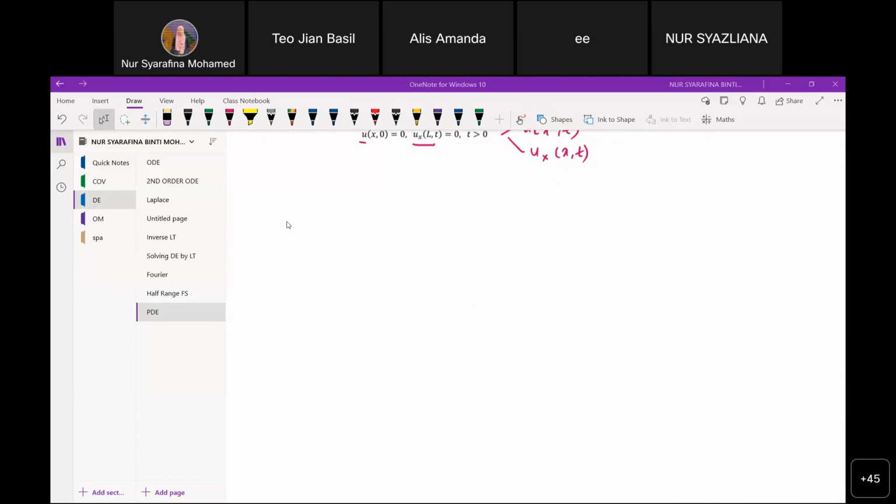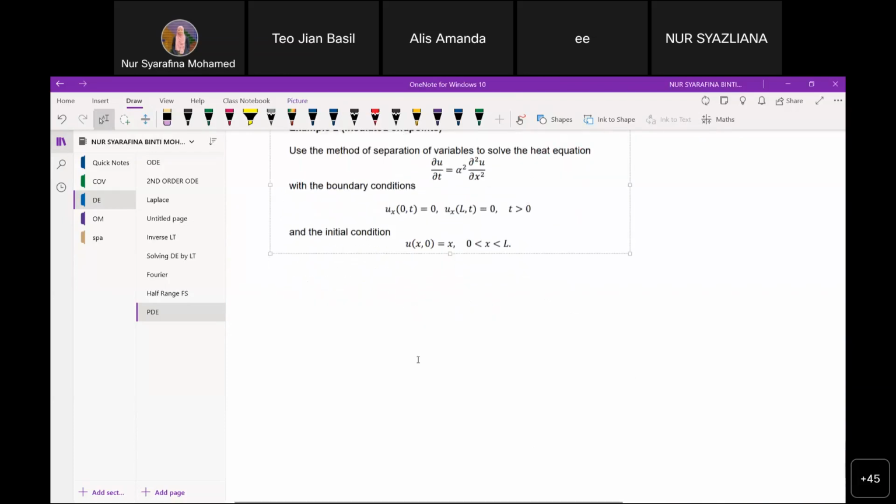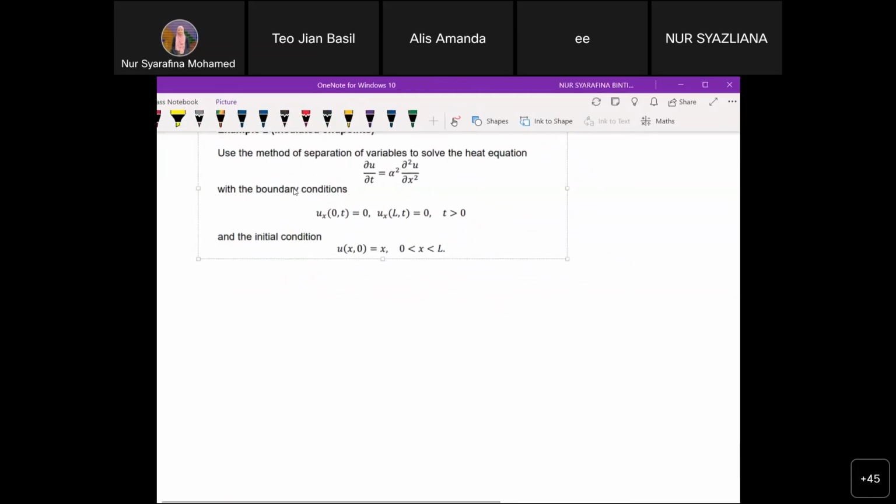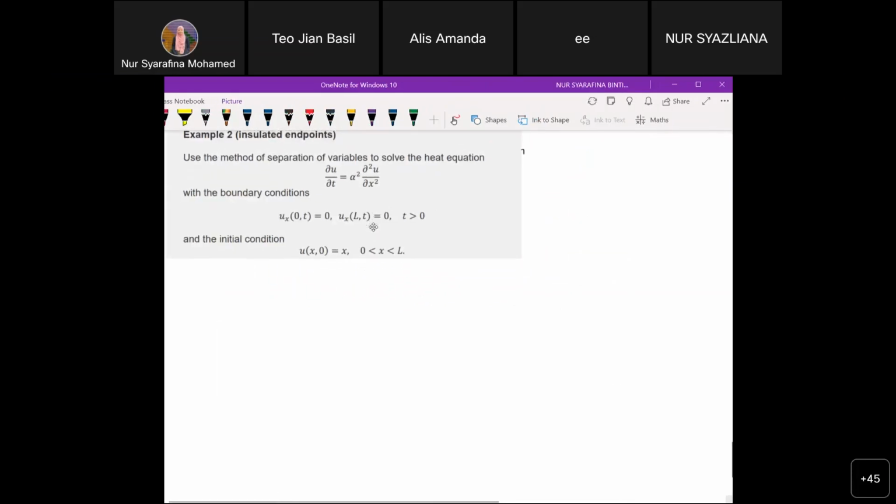Insulated endpoint. As you can see, this is a PDE where the condition uses the insulated endpoints, where it involves ux in the condition.